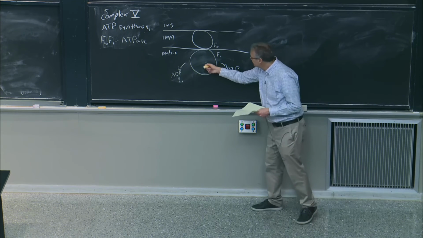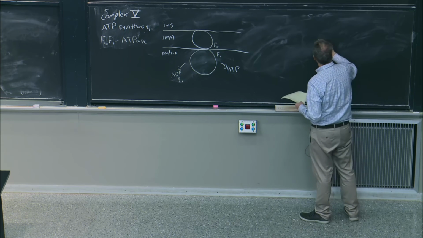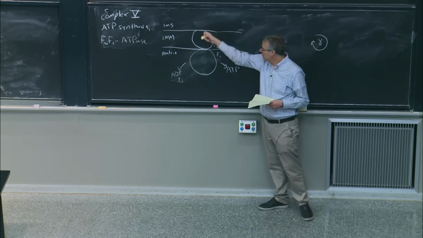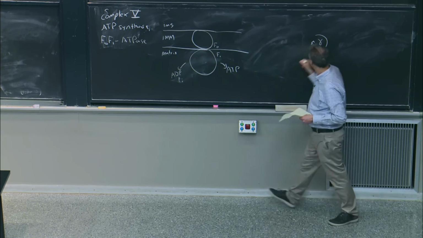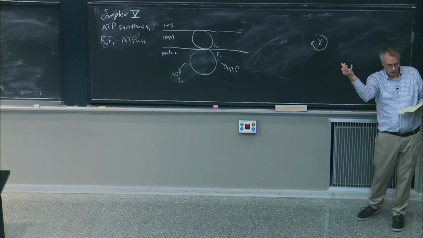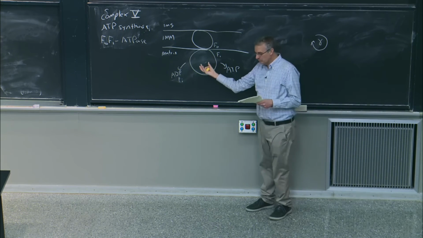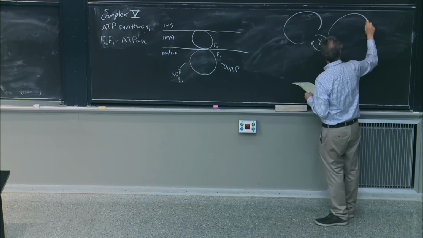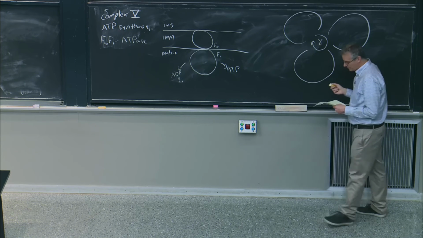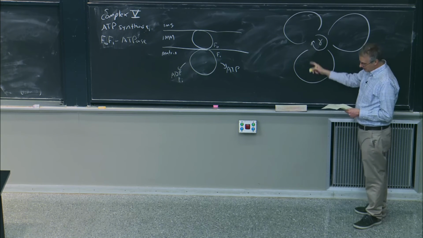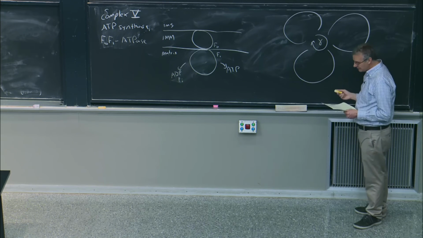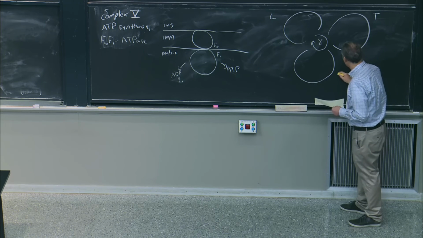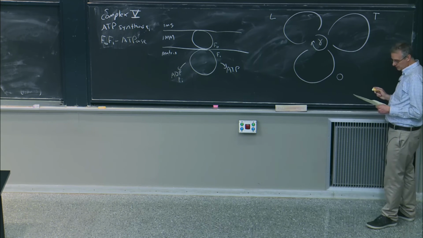And basically, F1 is a large protein complex where you have a gamma subunit that is attached to F0 that couples proton pumping to this gamma subunit to literally turn the F1 component and change the conformation of attached parts of this F1 machine. Because it turns out you can have 3 different conformations of the rest of F1, the so-called L or loose conformation, the T or tight conformation, or the O or open conformation.